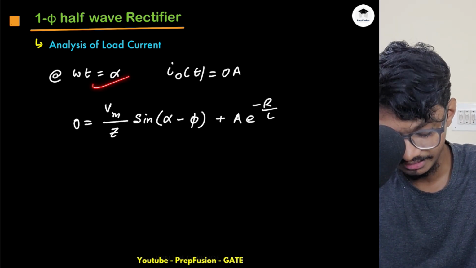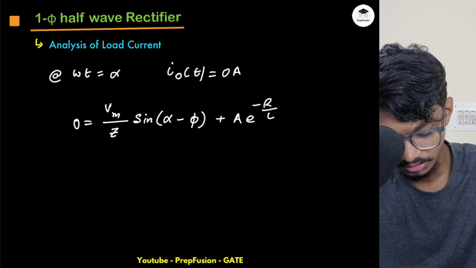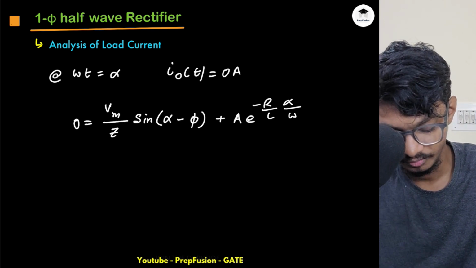Like omega t is alpha, so t will be alpha by omega.